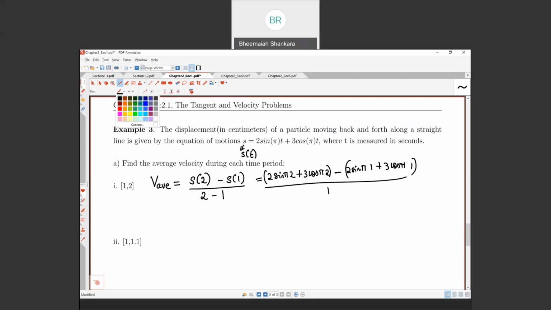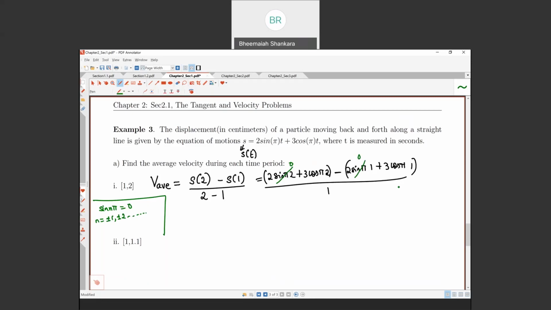You have to make a note of the trig values, which you will be using often when you see a trig expression. Sine of n pi is always 0 for n equal to plus minus 1, plus minus 2, and so on for all the integer values. So whenever you see a sine pi 2, which is a sine 2 pi term, or a sine pi term, you can say that these values are 0.